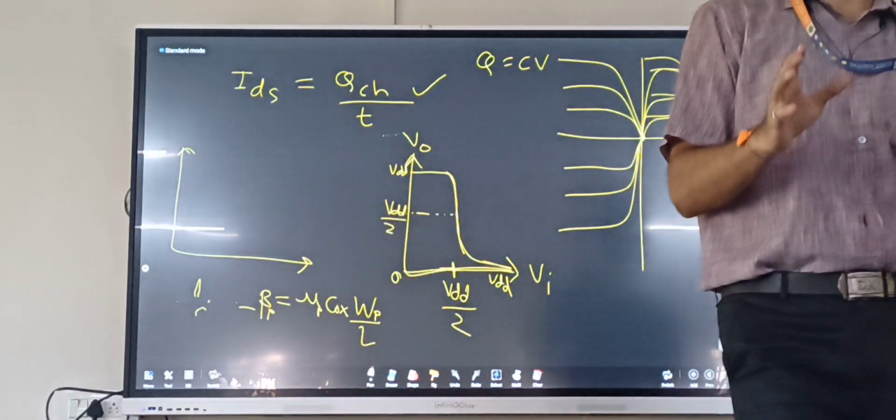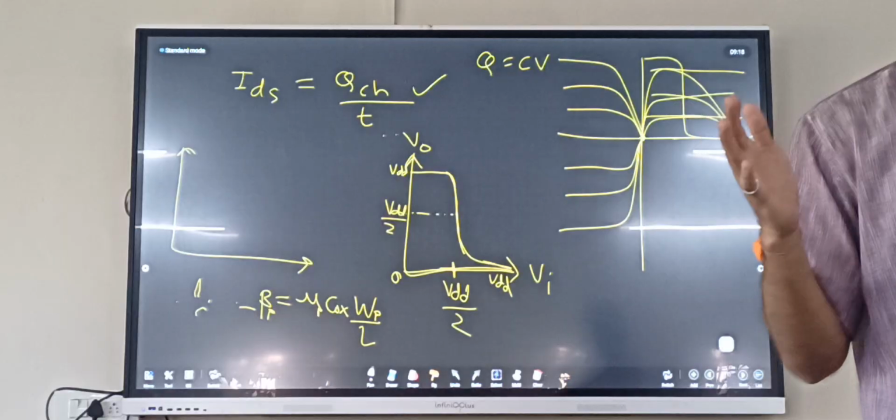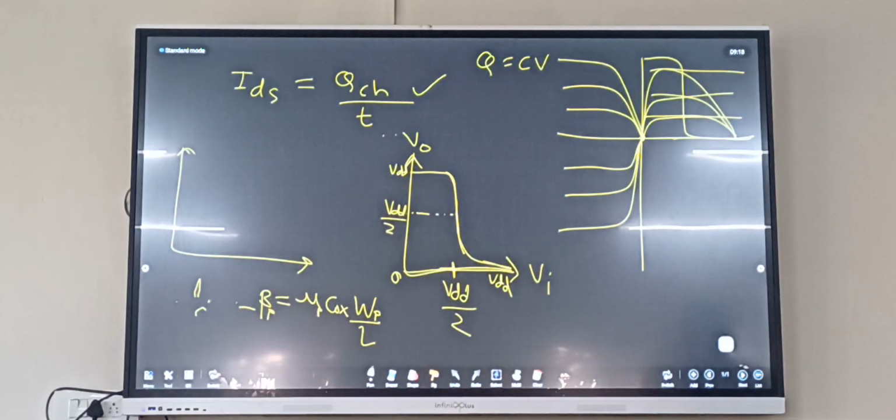Say if I am working on 90 nanometer technology. What does 90 nanometer technology mean? The channel length is 90 nanometers. That means the distance between drain and source is 90 nanometers. Now if I am working on 90 nanometers, that 90 cannot be changed.